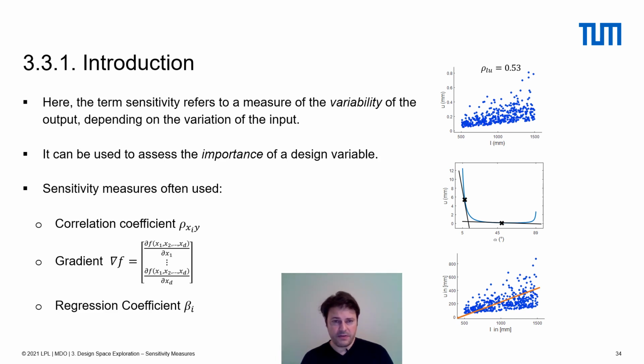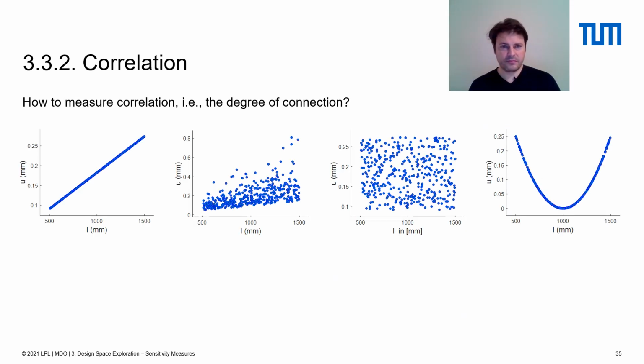So the sensitivity measures that we are going to talk about here are the correlation coefficient, the gradient or components of the gradient, and regression coefficients. So what is a correlation coefficient?